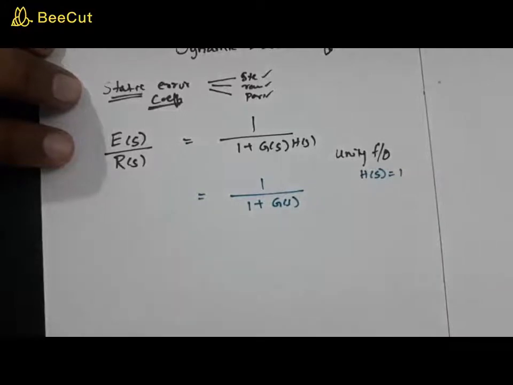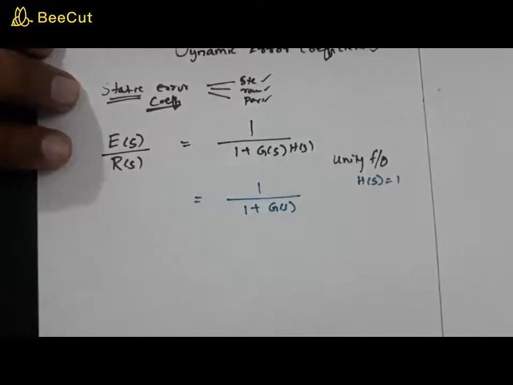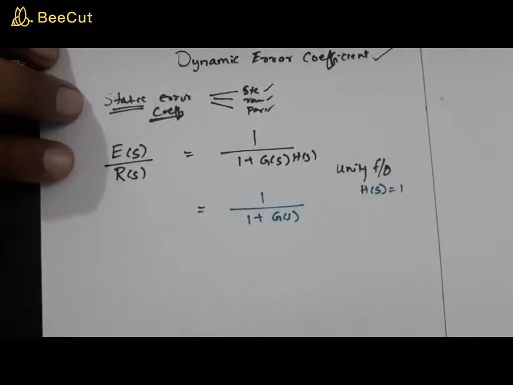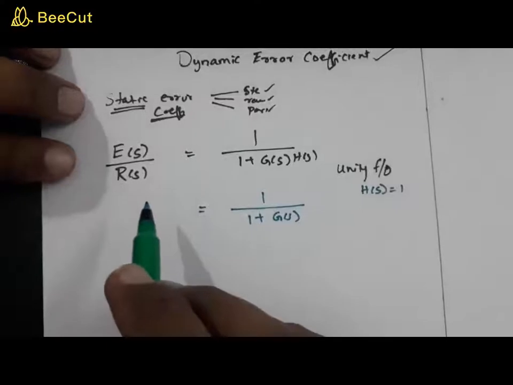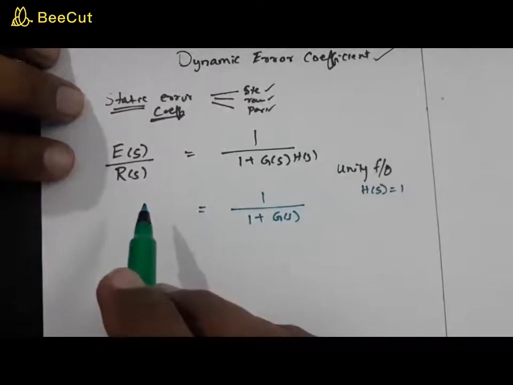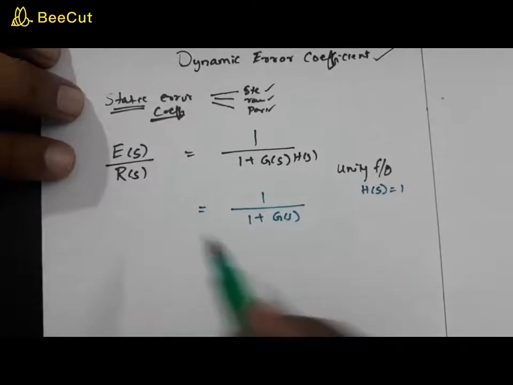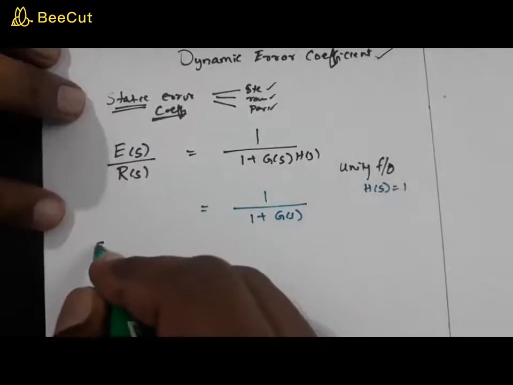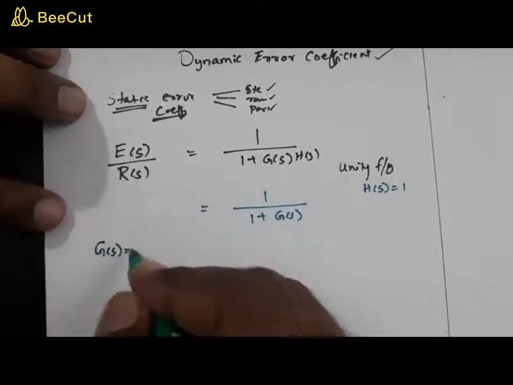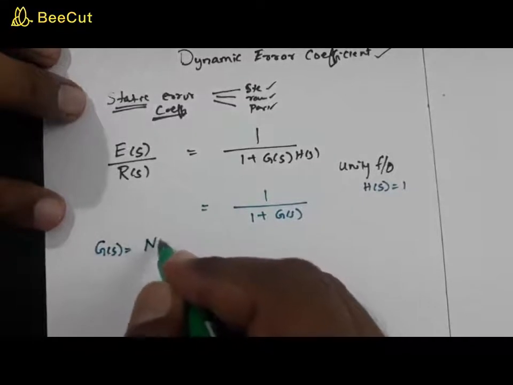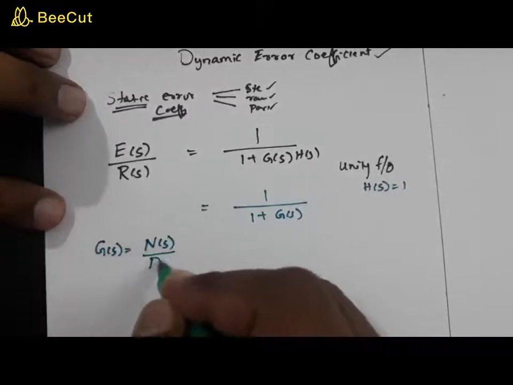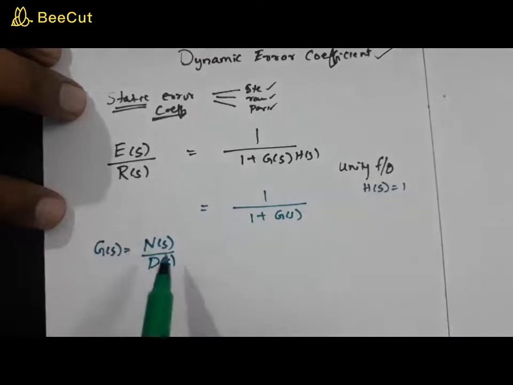Now let's see this E(s) and R(s). Suppose you imagine that your G(s) can be written as some constant K times N(s)/D(s), meaning numerator polynomial and denominator polynomial.